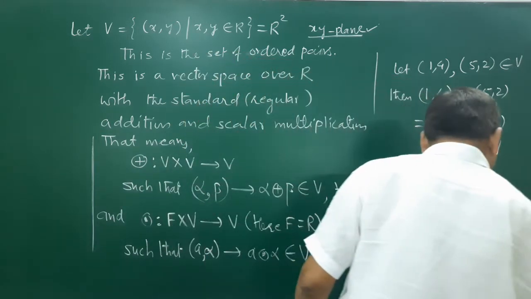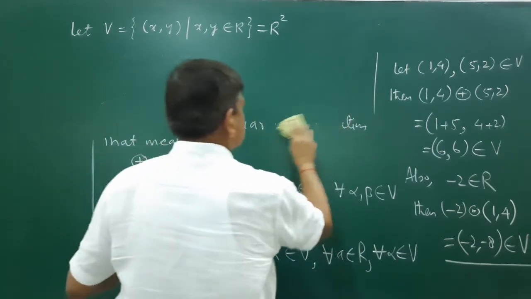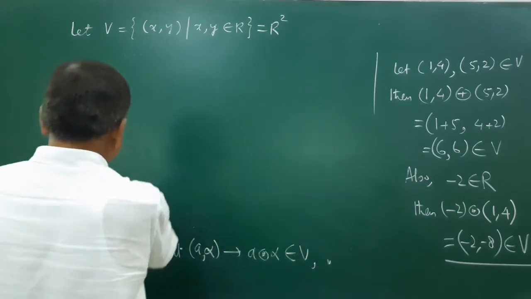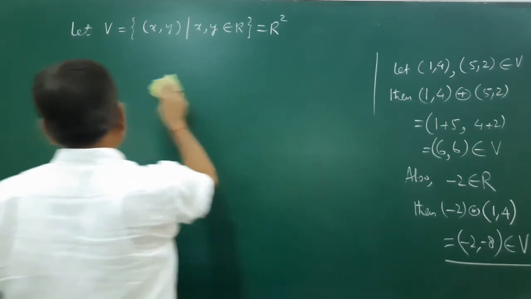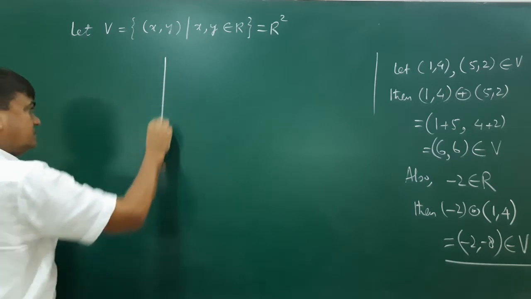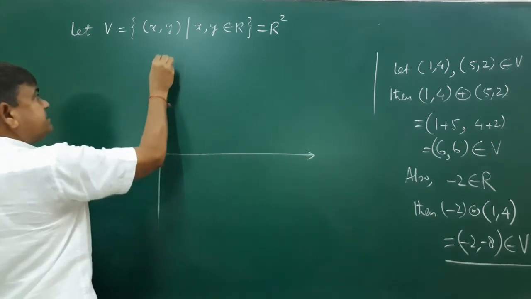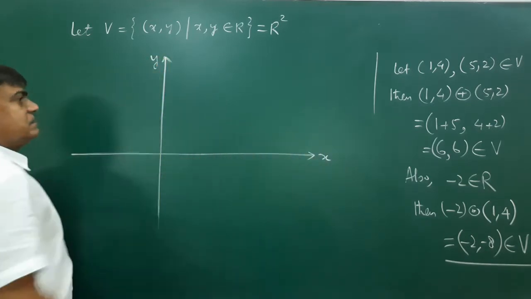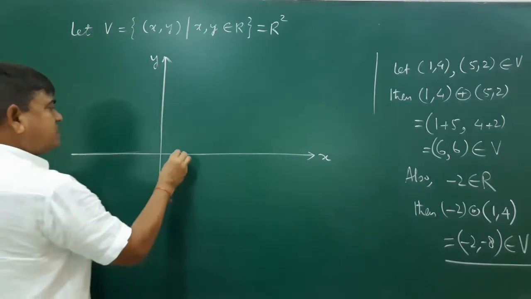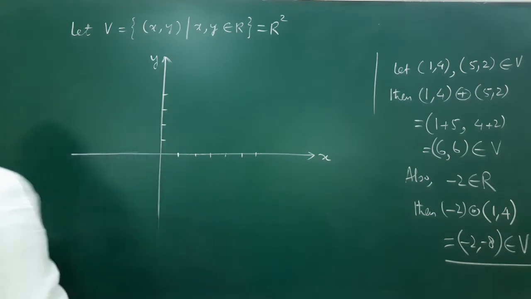Let us say, this is the xy plane. Every point lies in the plane, with a member of this V. (1, 4) is the point.